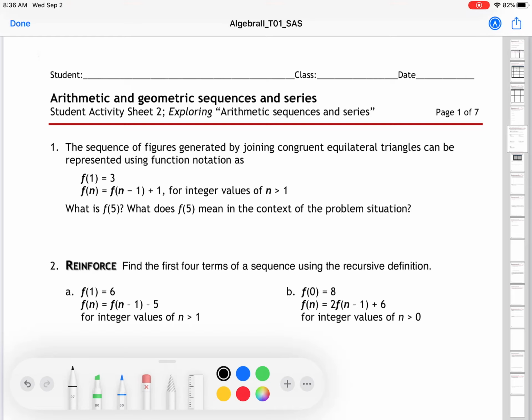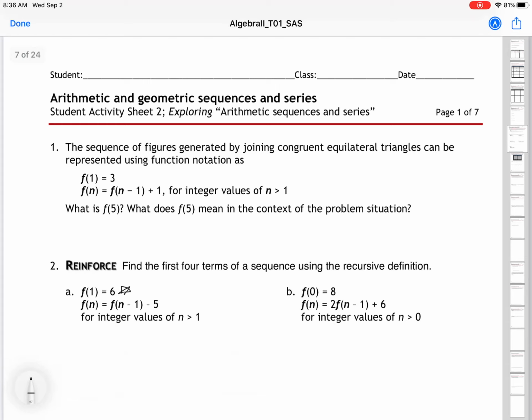Number two, letter A. We are given f of 1 equals 6. That's what I'm given. I'm given this function notation of f of n minus 1 minus 5.